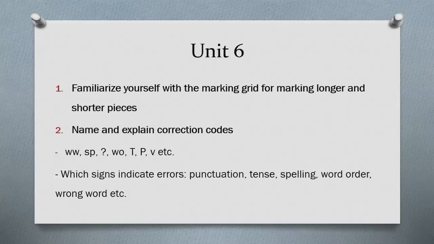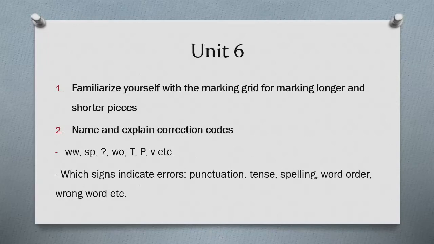What are the correction codes? Which ones are the correction codes? The correction codes are the ones we use to indicate errors. For example, if you are marking a learner's essay and that learner did not punctuate the sentence, you use a P to indicate that this sentence is not punctuated.